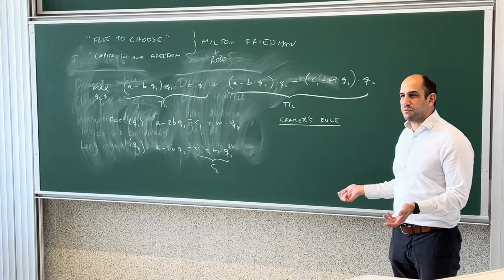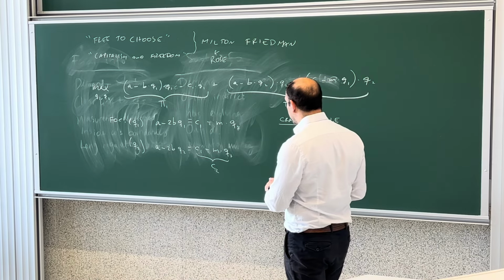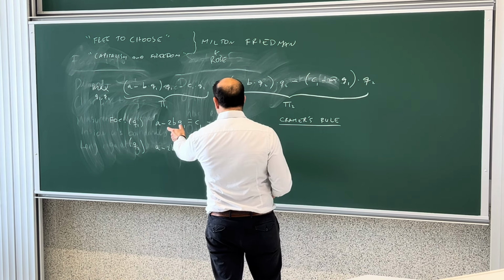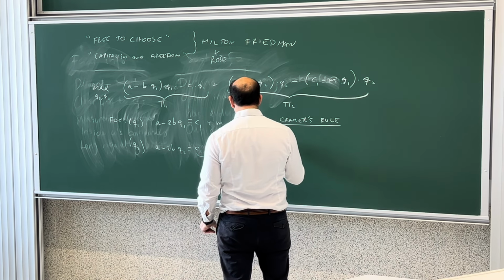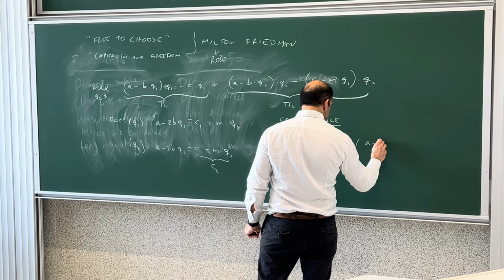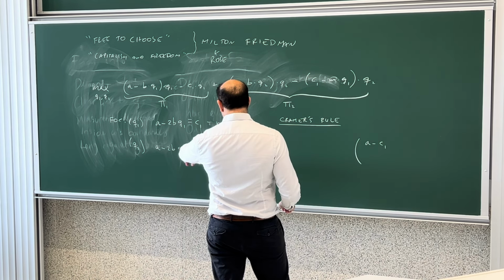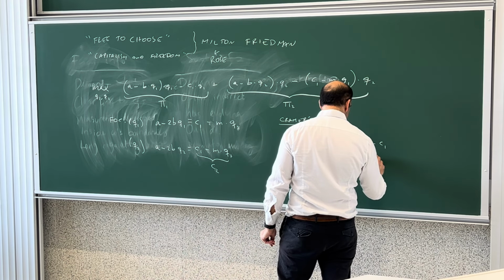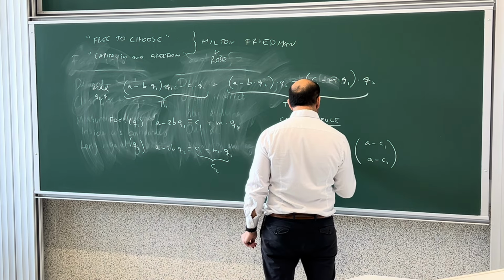I'm gonna express this in matrix form. So that means I have to have a constant on one side, where A minus C1 is the constant, right? A minus C1 and A minus C1. And on this side, I'm going to have Q1 and Q2.